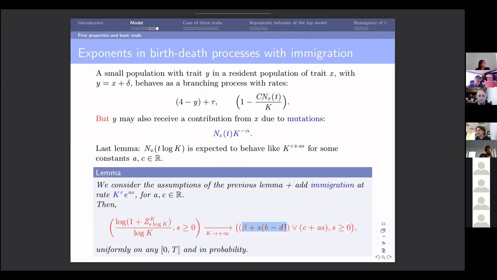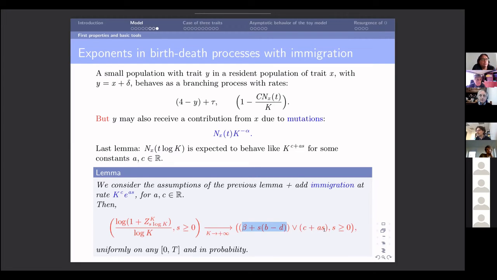So you recover the same part here for the limit of the exponent dynamics: initial value plus time times b minus d. Then you may have incoming immigration that gives more individuals than that, provided that this immigration is larger.